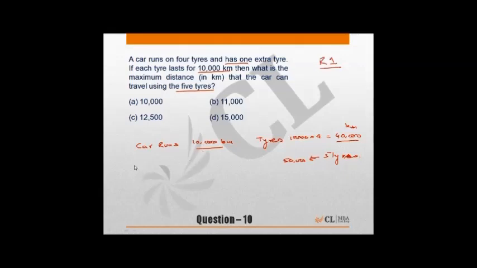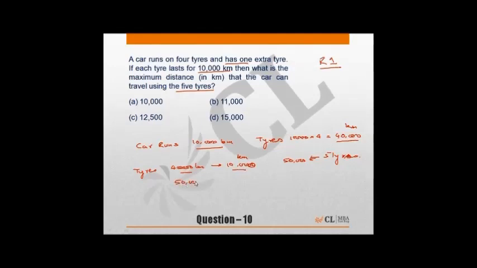Or in other words, to put it in a very simple manner, when the tires cover 40,000 kilometers, the car runs for 10,000 kilometers. I'm sorry. Tires do 40,000, car does 10,000.